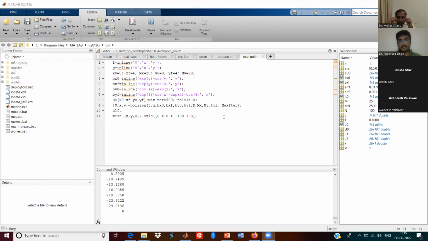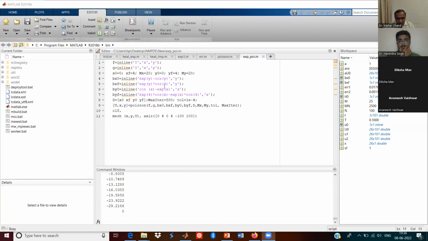Just a minute, I think the result will be produced. Because the space domain is 0 to 4, I should take it 0 to 1, 0 to 1, because the condition was in the form of the domain 0 to 4.